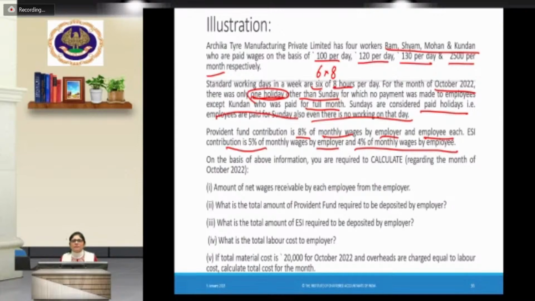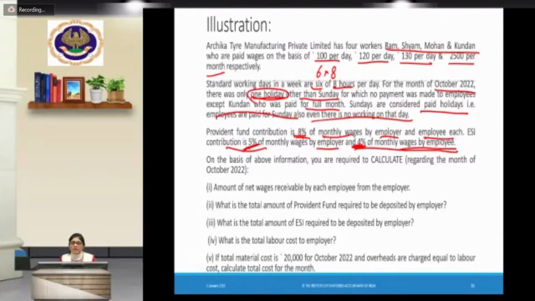When you calculate the earnings, you have to deduct the employee contribution, which is 8% for PF and 4% for ESI. But when you calculate the employee cost, you have to add 8% for PF and the employer's 5% for ESI.